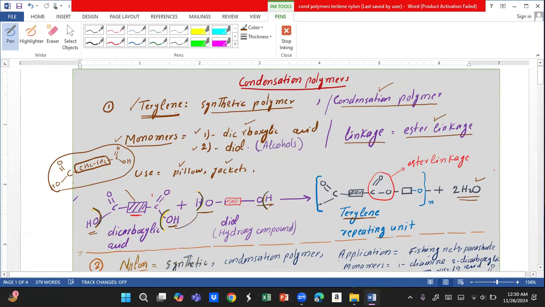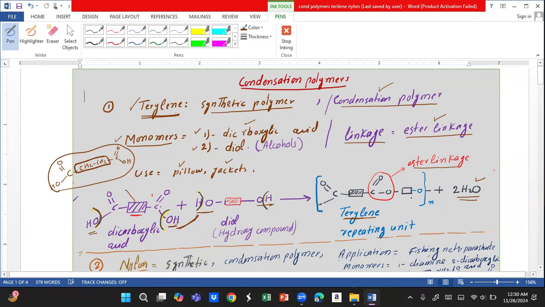They will combine together to make this linkage known as ester linkage. C is coming from this carboxylic acid, and this O is coming from this hydroxy compound. You understand? When they combine together, they will make one repeating unit. Keep in mind, in condensation polymers, two monomers are the part of one repeating unit.